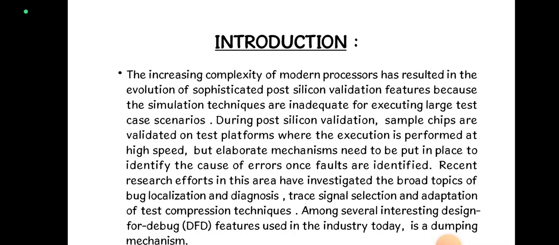Once faults are identified, recent research efforts in the area have investigated both topics of bug localization and diagnosis, trace signal selection, and adaptation of test comparison techniques, among several interesting designs for debug. A feature used in industry today is the dumping mechanism.